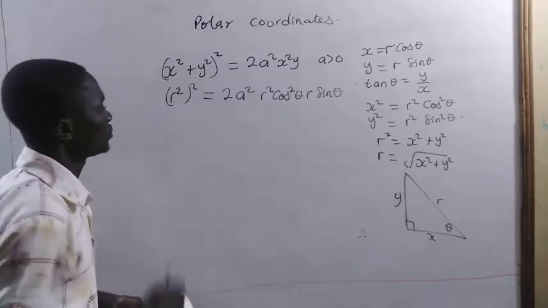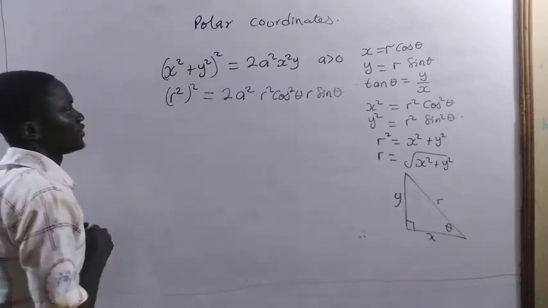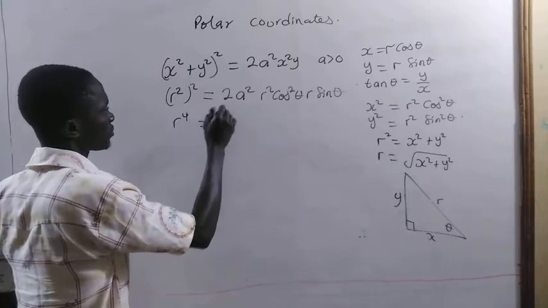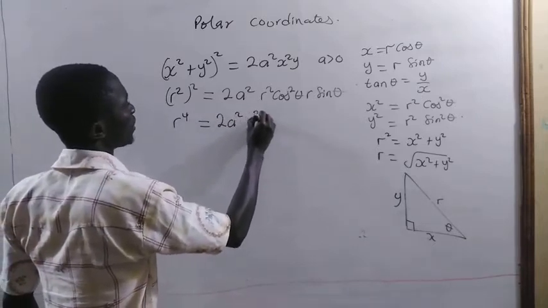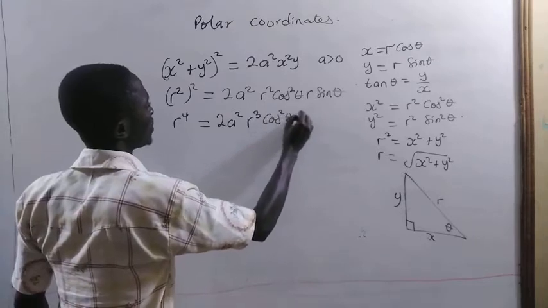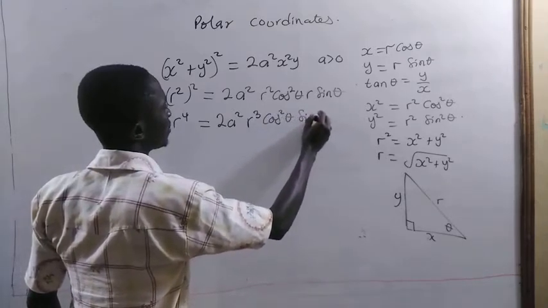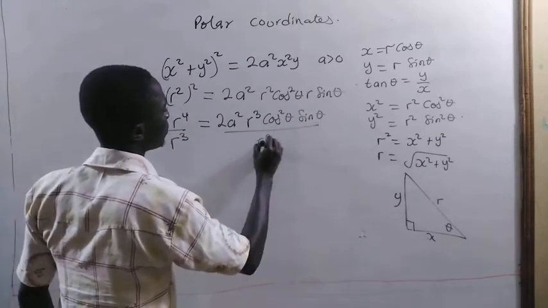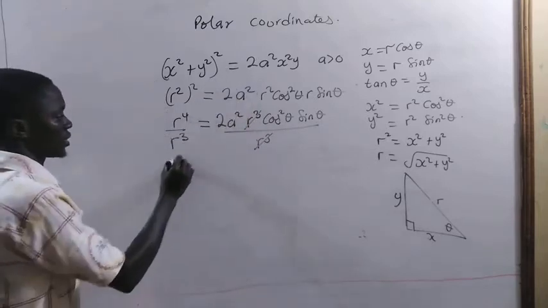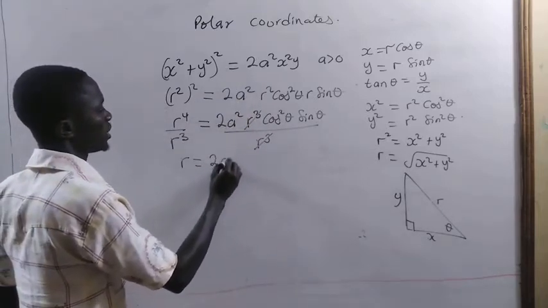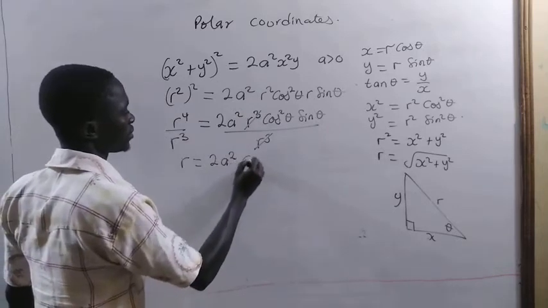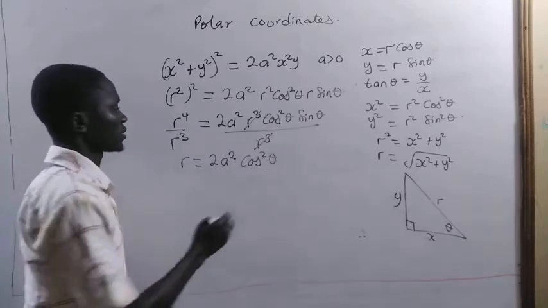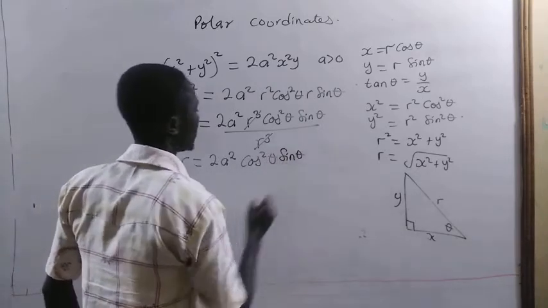Wow. So let's divide through by r to the power 3, because this one will be r to the power 4. We have 2a squared r to the power 3 cosine squared of theta sine of theta. So we take this r out, and we have r equal to 2a squared cosine squared of theta times sine of theta.